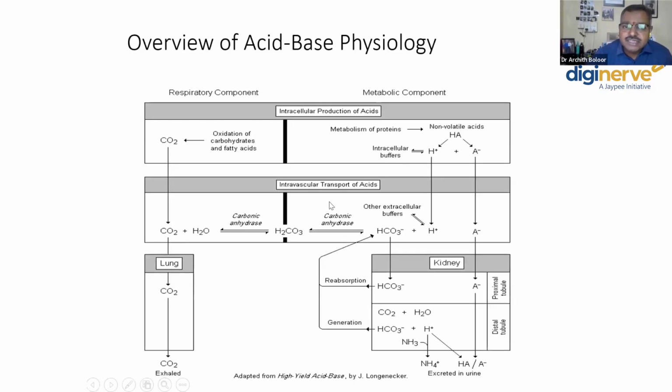Now, if you look at the respiratory component and the metabolic component: in the respiratory component, obviously, we breathe in and breathe out. Carbon dioxide is exhaled by the respiratory system. This carbon dioxide is produced by the oxidation of various carbohydrates and free fatty acids in the serum and interstitial space.